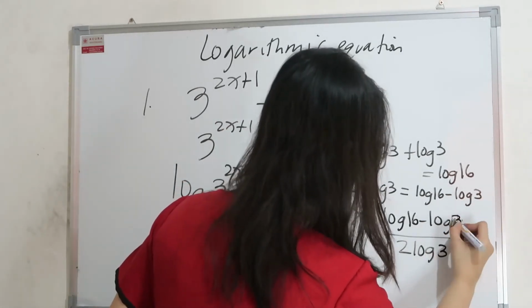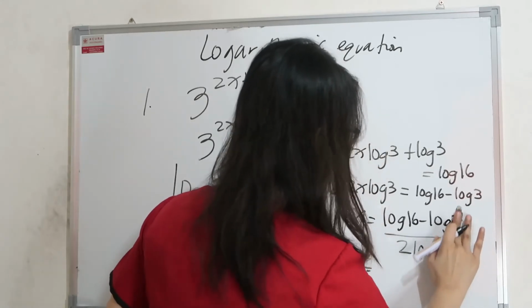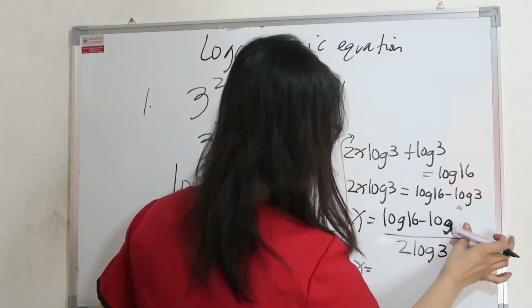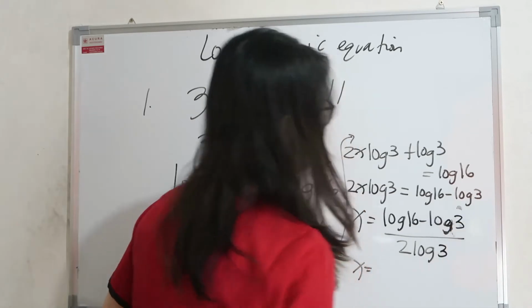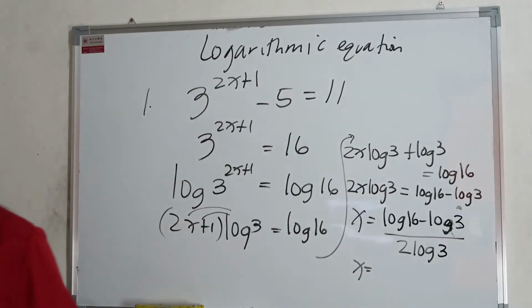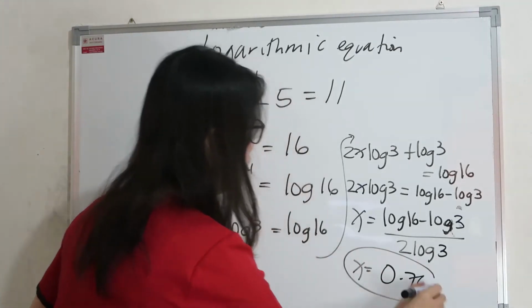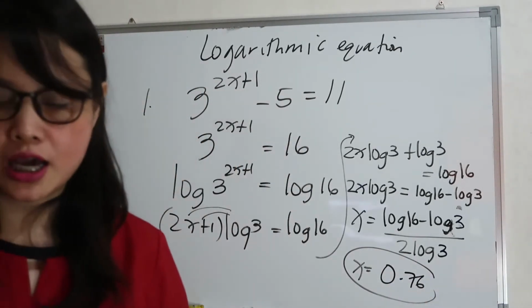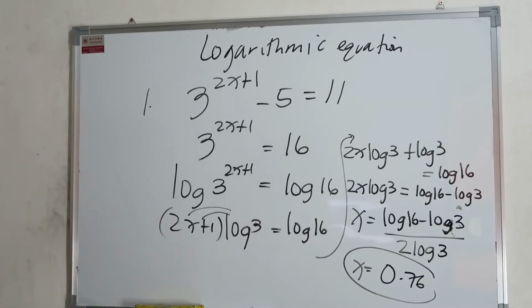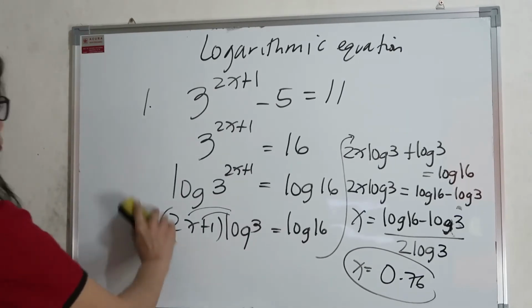The answer is 0.76. So that is how we solve a logarithmic equation. Another example.